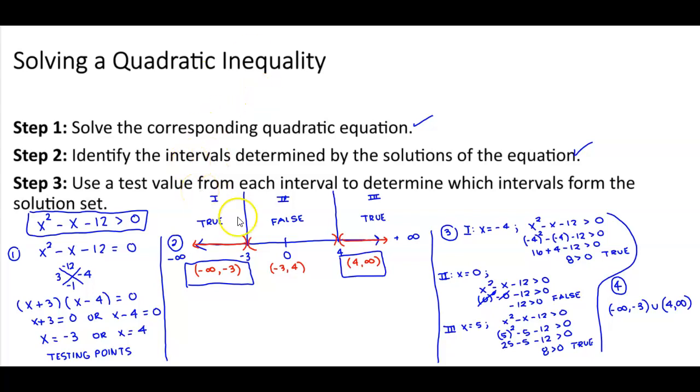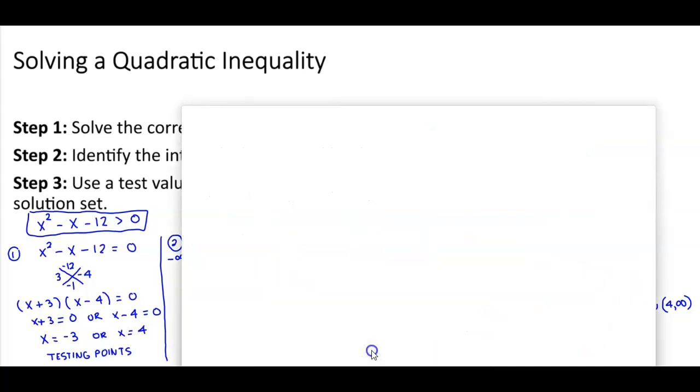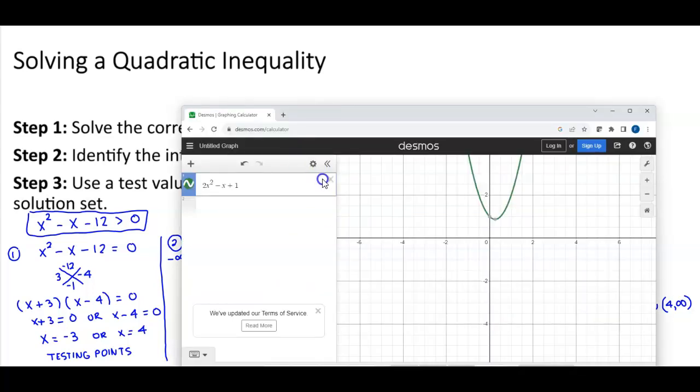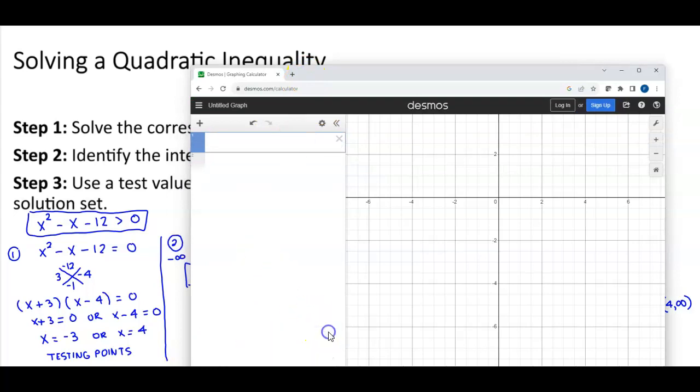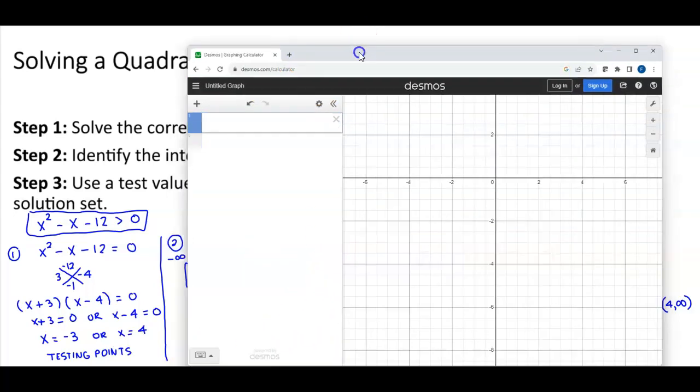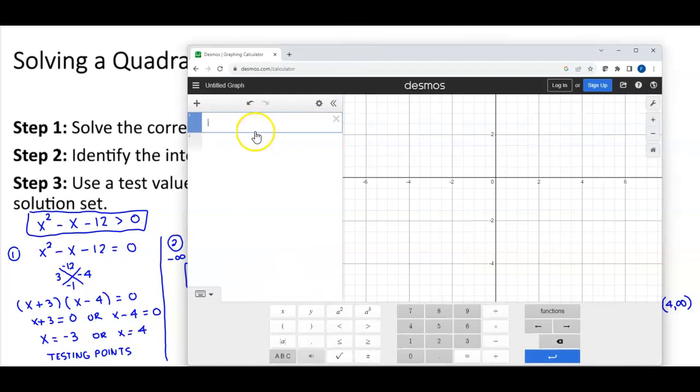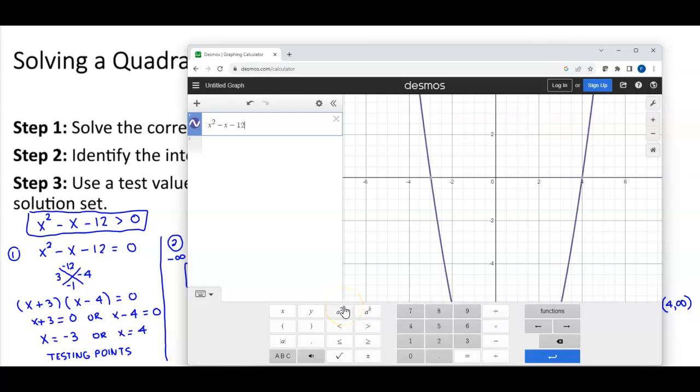Now, let's take a look at what the graph would look like if we would graph this. Okay, so I'm going to go ahead and put this in a graph. So we have x squared minus x minus 12, right?